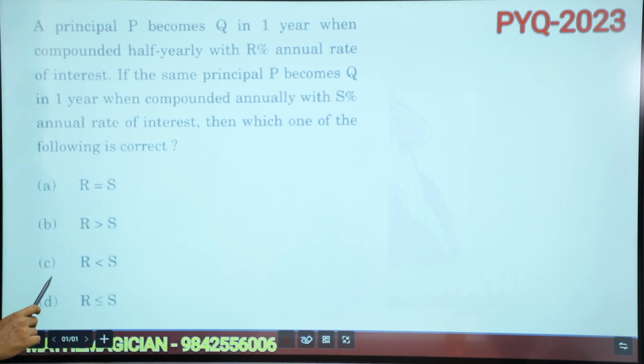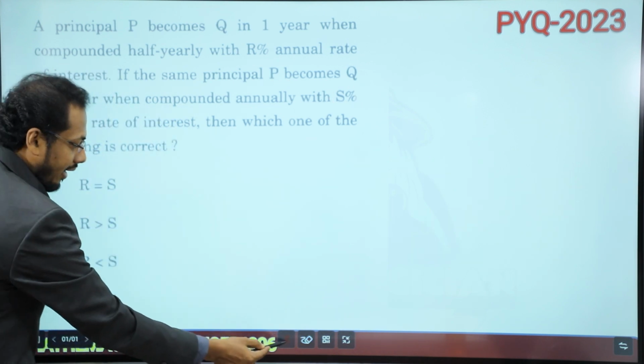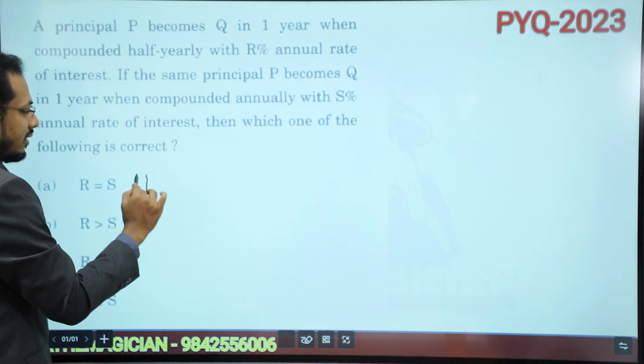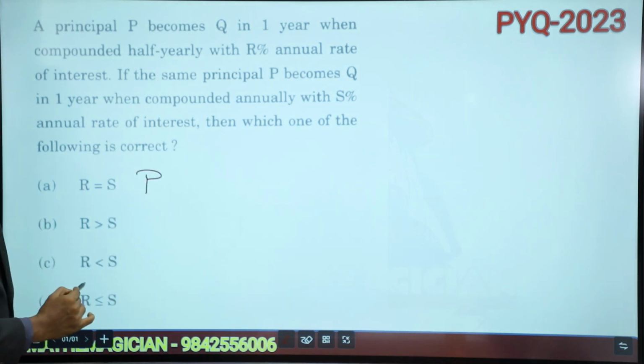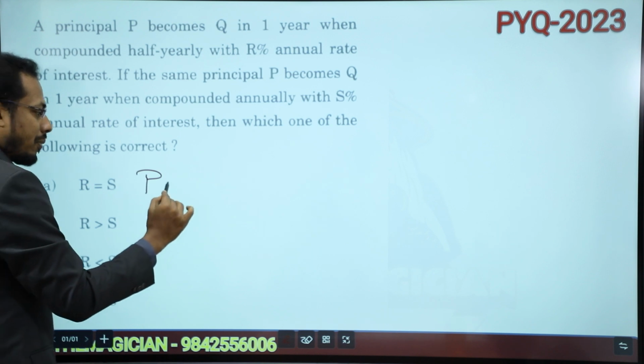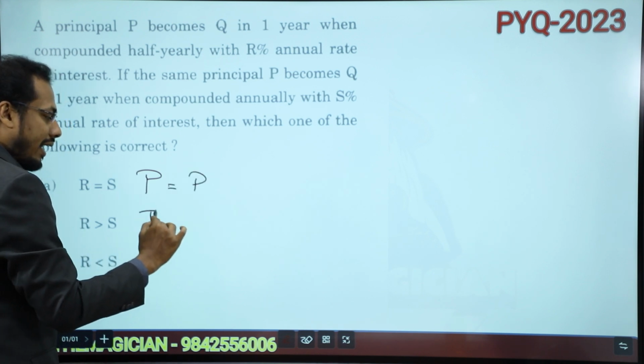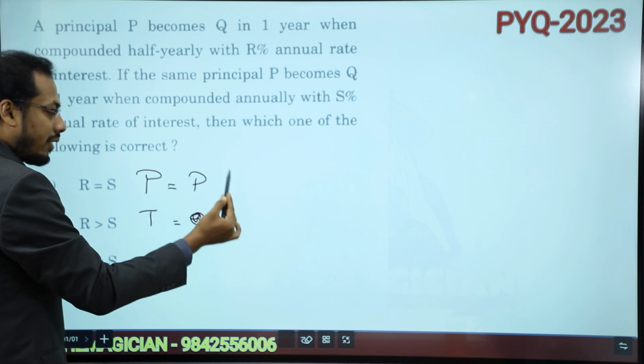Look at this. My principal amount is P, and it becomes Q. Principal amount is P, total amount is Q, right?